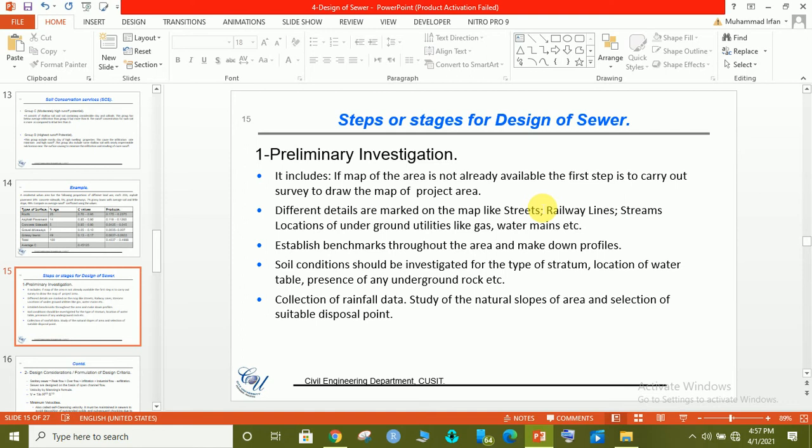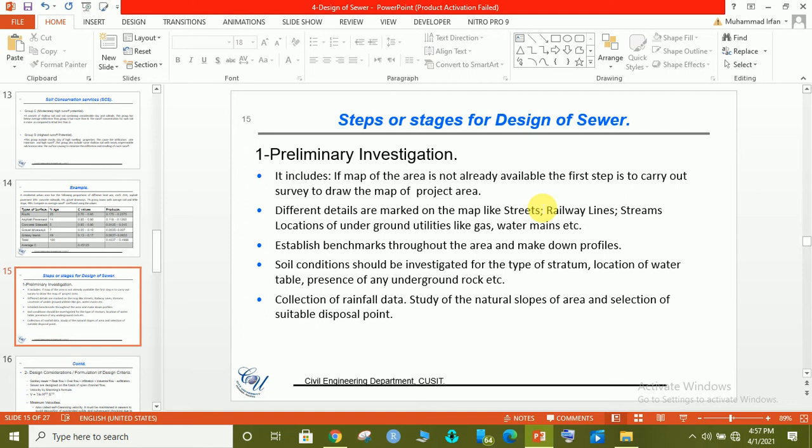If you do not have a detailed map, you can just visit the area and prepare a map of that area. Different details are marked on the map, like streets, railway lines, street locations, and underground utilities like gas, water mains, etc. You can just mention all these things on your map.